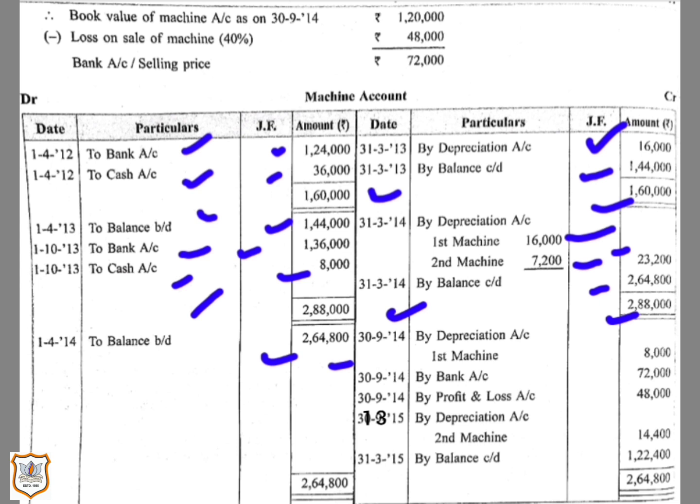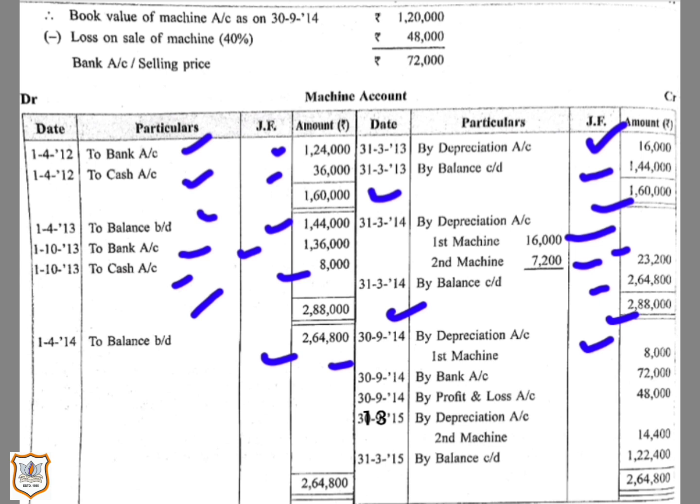As the first machine was sold on 30 September 2014, we have calculated depreciation of the first machine for 6 months only, as we have sold it in the month of September. So from April to September, that comes to 6 months. We have calculated depreciation, that was rupees 8,000 for the first machine, that we will write.